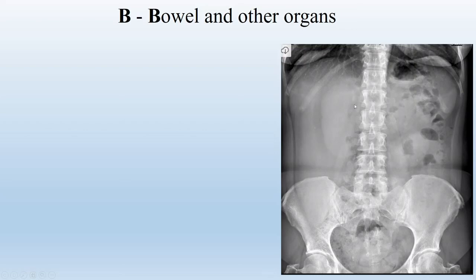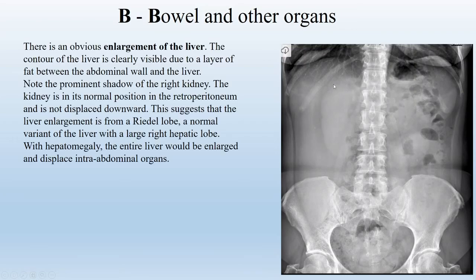This is an enlarged liver, but in this case it is actually a variant of normal because the right kidney is not displaced. It means that the liver enlargement is from a Riedel lobe, a normal variant. When the entire liver is enlarged, that would displace the whole organs, the kidney also.